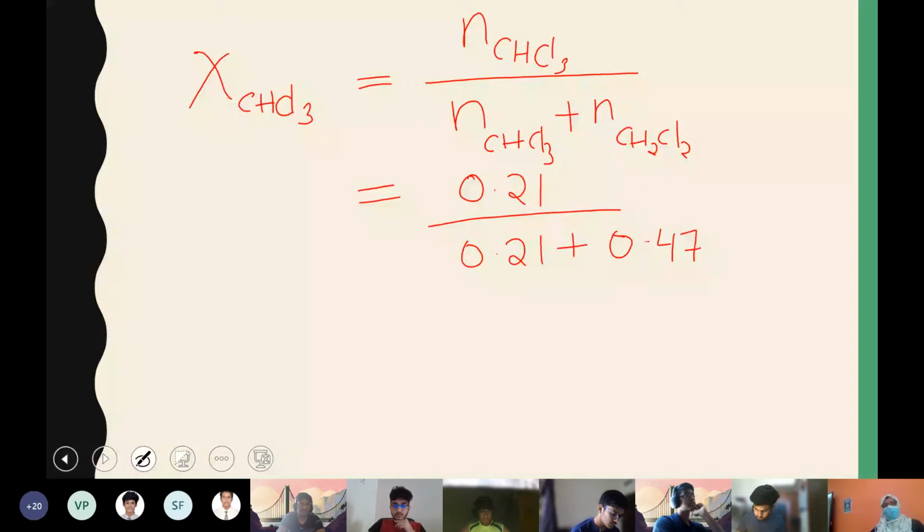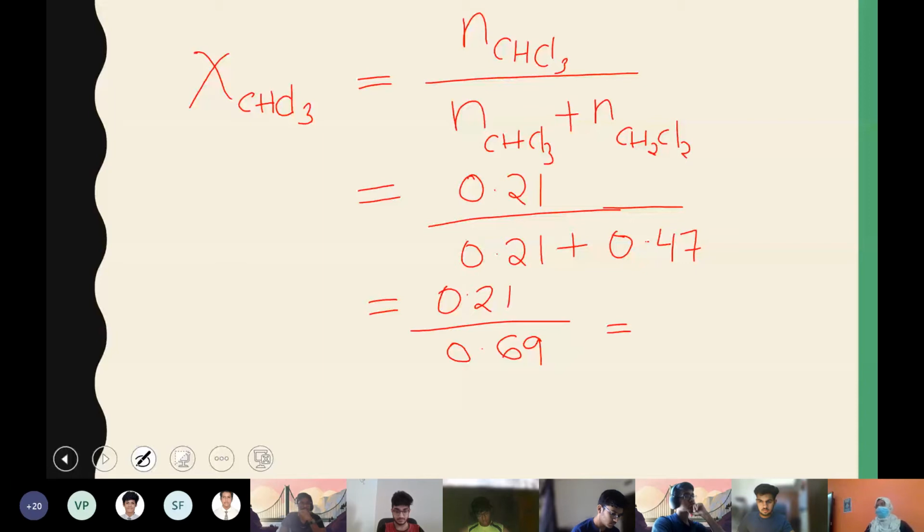This will give you the mole fraction for chloroform. 0.21 divided by 0.69. Oh, 0.68, right?